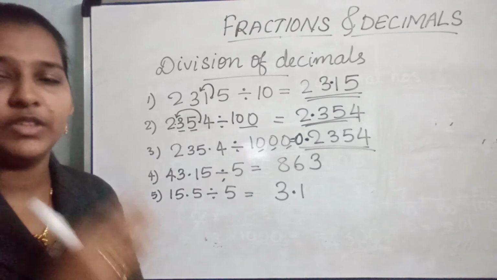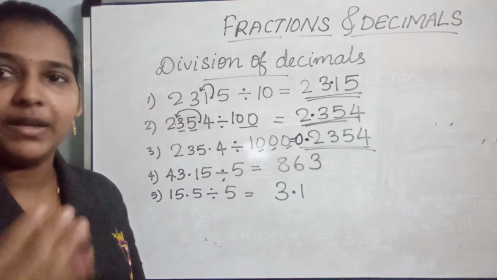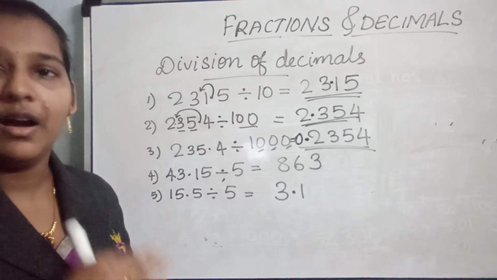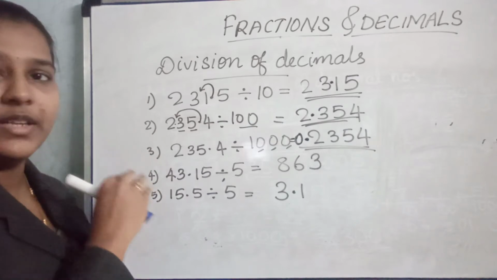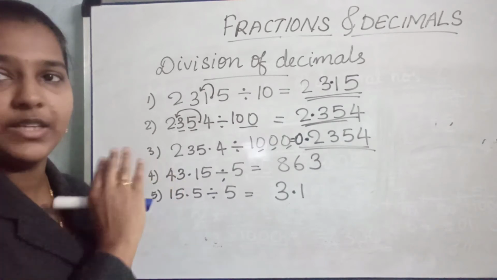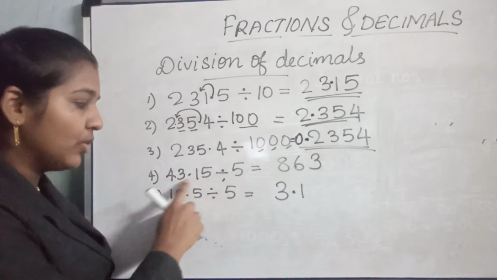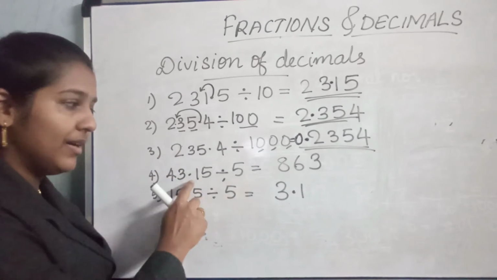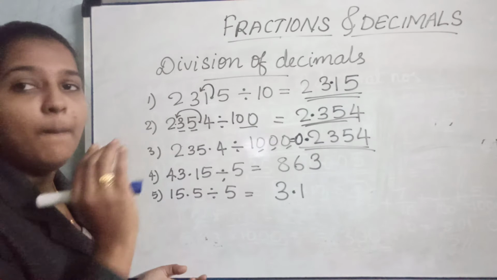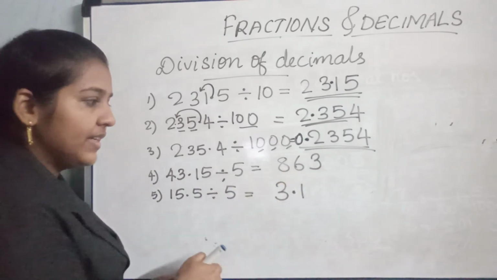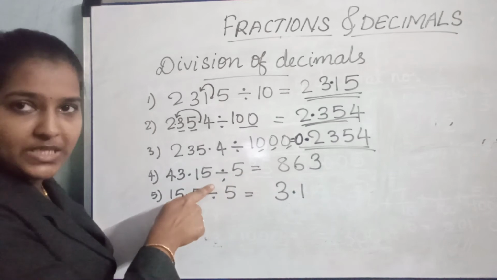Without the point you can multiply the numbers, and then in the answer you put the point according to the number of places given in the question, right? Here the same way you can divide these numbers without considering the point. Then you will get an answer like this, 863 in this question.